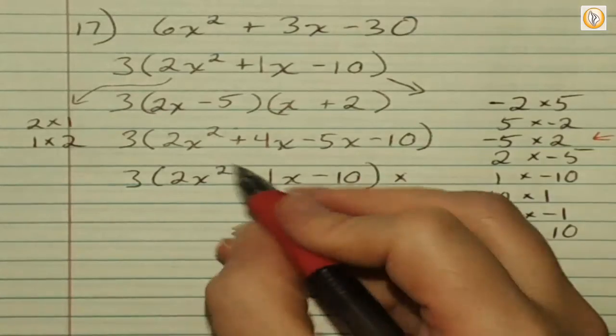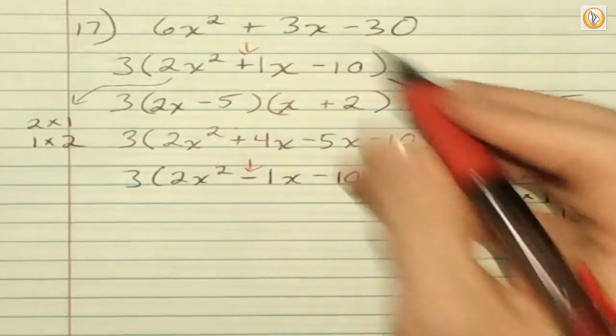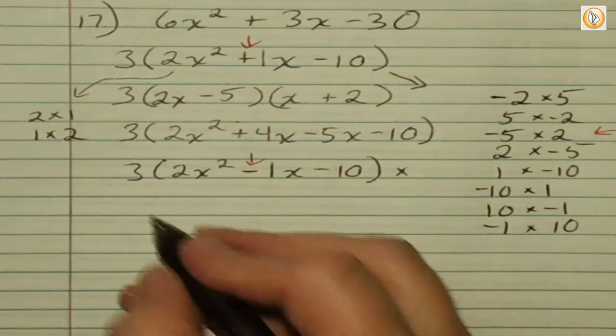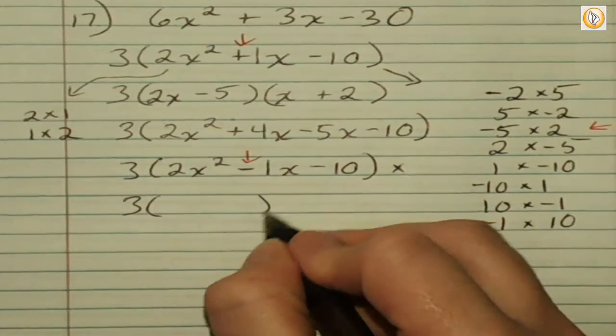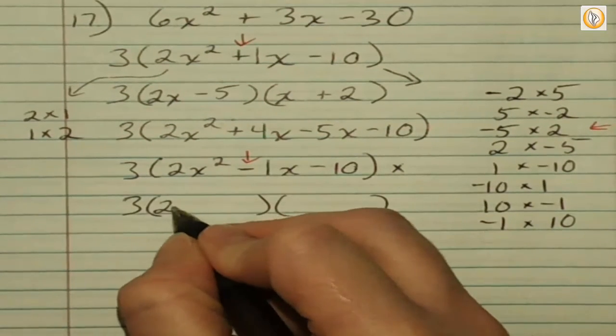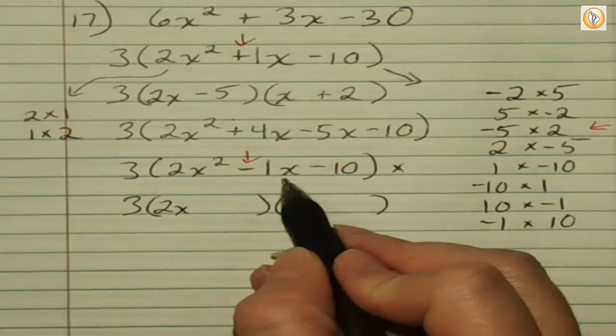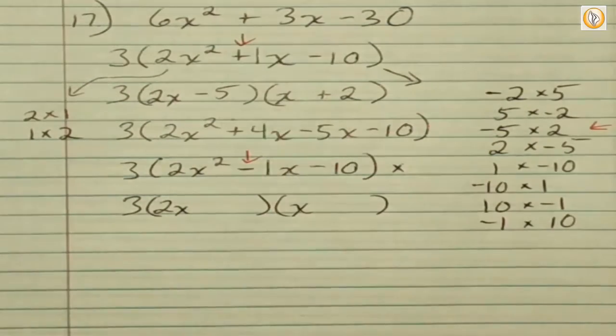That doesn't work because of this negative, but you are close. So let's try again. Look, this is a negative 1x. We're trying to get a positive 1x.